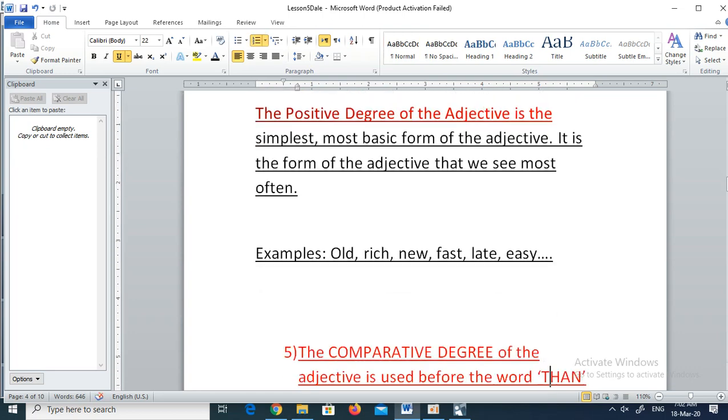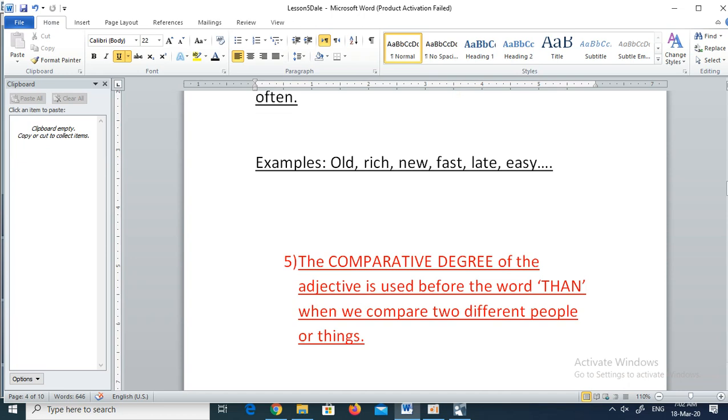The second degree of the adjective is the comparative degree, and the comparative degree is used in front of the word than, and it is used when we compare 2 different people or things.